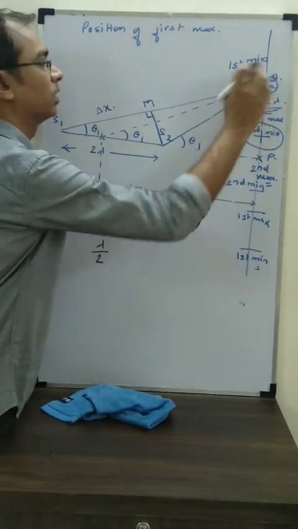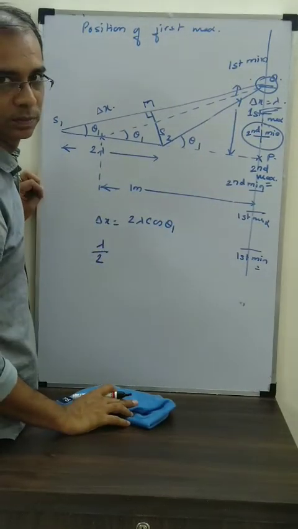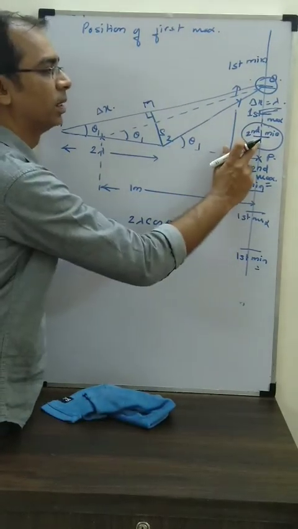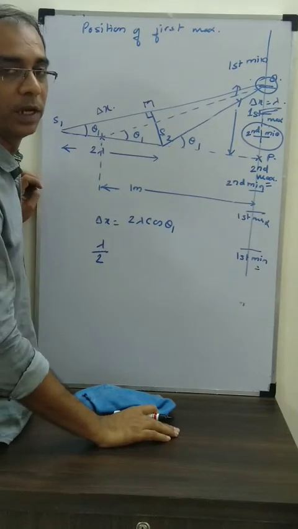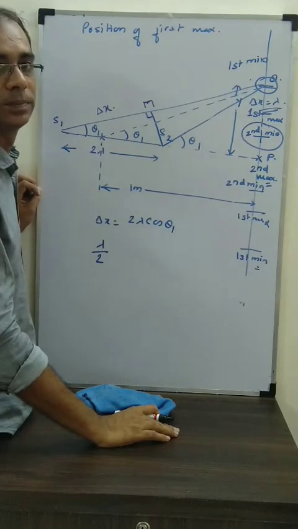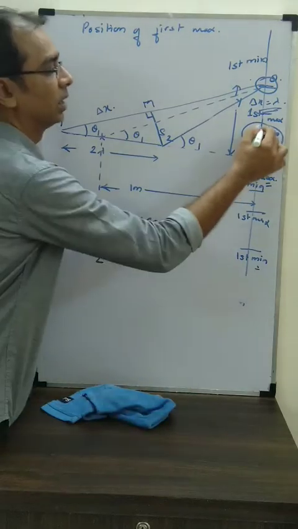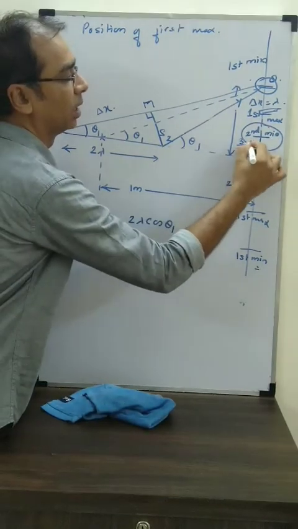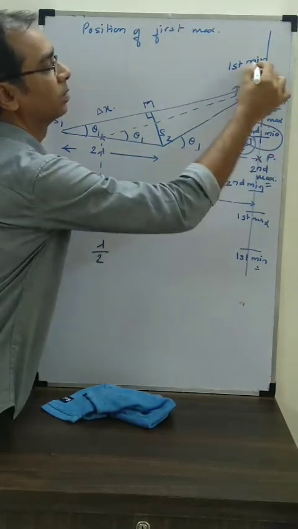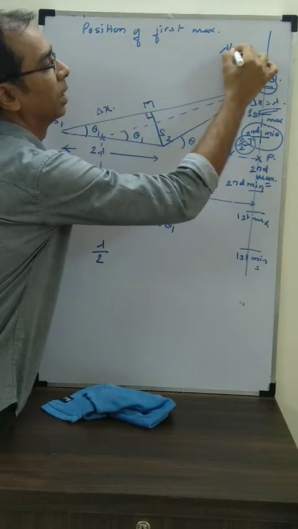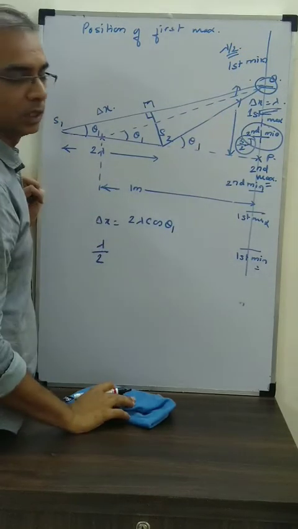Second minimum or first minimum? That should be clear to you. If you are finding second minimum, then path difference should be 3 by 2 lambda. Whereas for first minimum, path difference should be lambda by 2. That should be very clear.